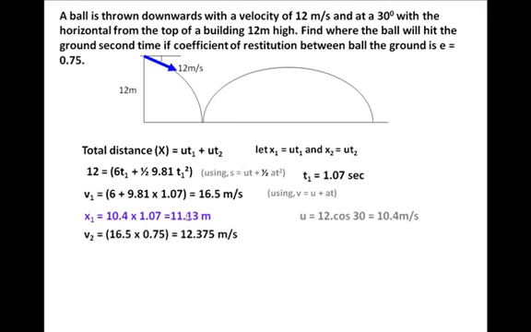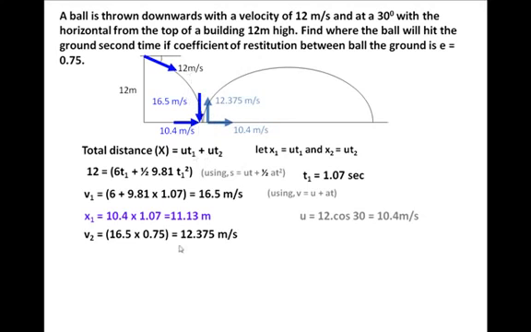Now when we talk of v2, it will be like 16.5 it is hitting, so it will go up by 16.5 into 0.75, the e, 12.375. And horizontal velocity of projectile was 10.4 here, it will be 10.4 here, and after the impact also it will be 10.4, because here again impact is in vertical direction.